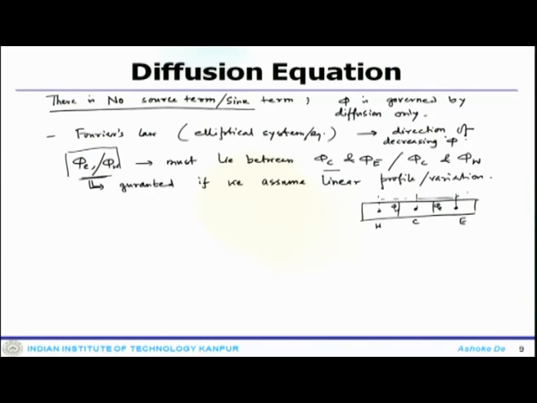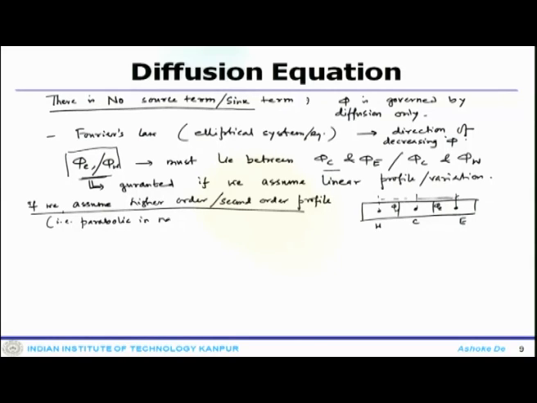But now, for example, if we assume a higher order profile, let us say a second order profile or variation, what would happen? It would be some sort of a parabolic profile.